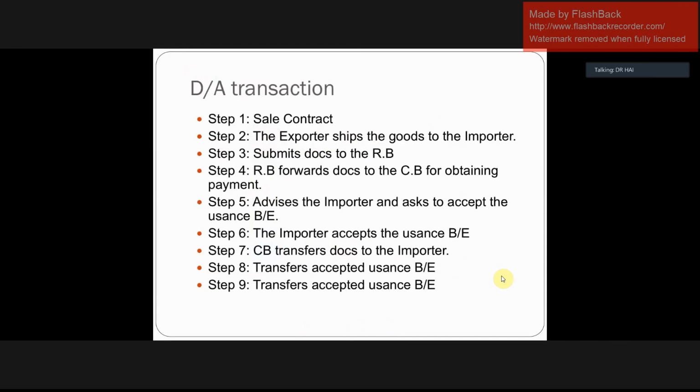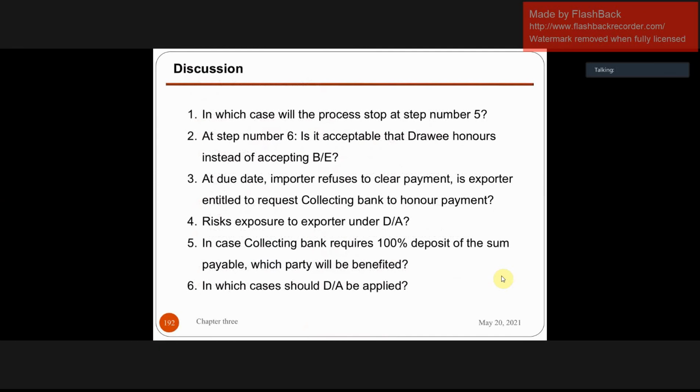Okay, look at the questions on the slide. I said that we focus on the first three questions. Number 1, number 2, and number 3. You have 10 minutes for those three, and after 10 minutes, we answer the question.